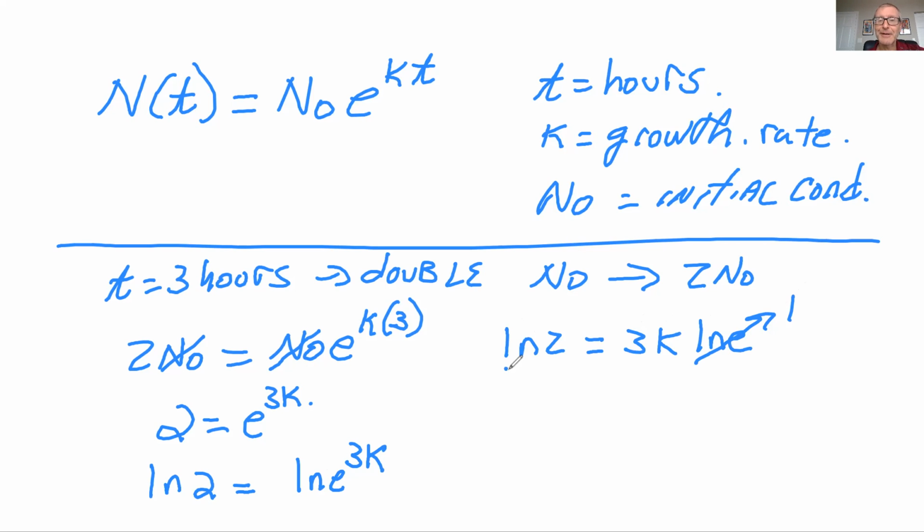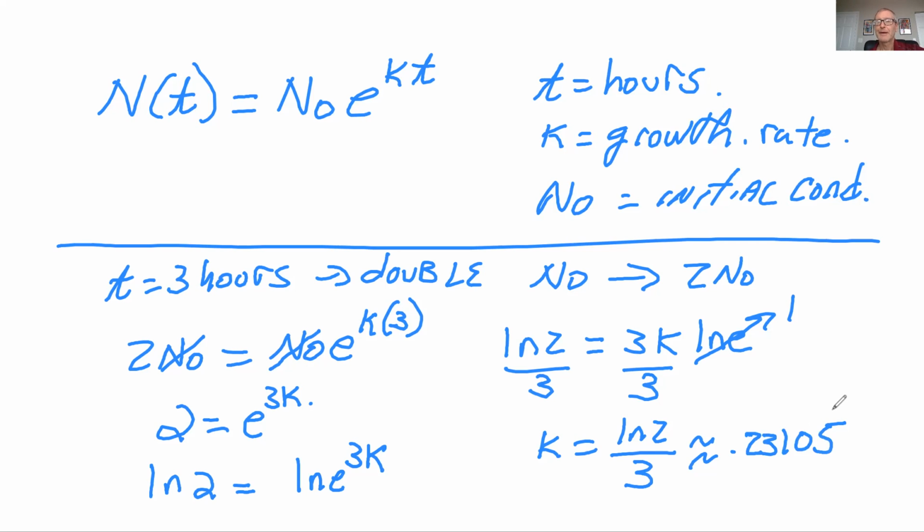And so if we divide each side by 3, what does k equal? Natural log of 2 divided by 3. So you have to get out your calculator, right? And if you did that, you would get 0.23105. And there's always this question about how many decimals should you do with regards to these calculations.